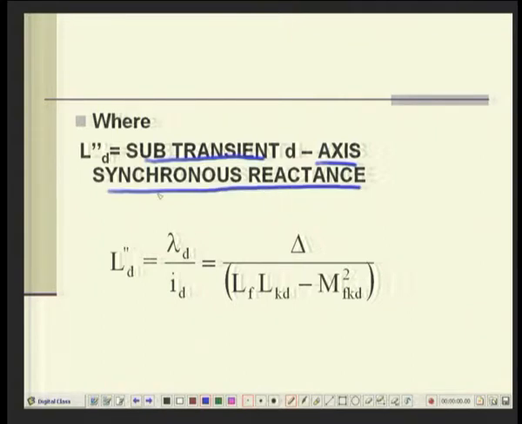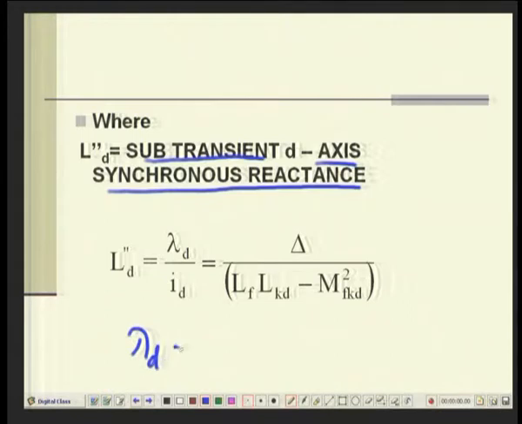Immediately after short circuit this will be the inductance, because at that instant lambda d will be LD double dash into i d flux linkage, because there are 3 windings, only one winding is having a flux linkage, the other windings are all short circuited, okay.